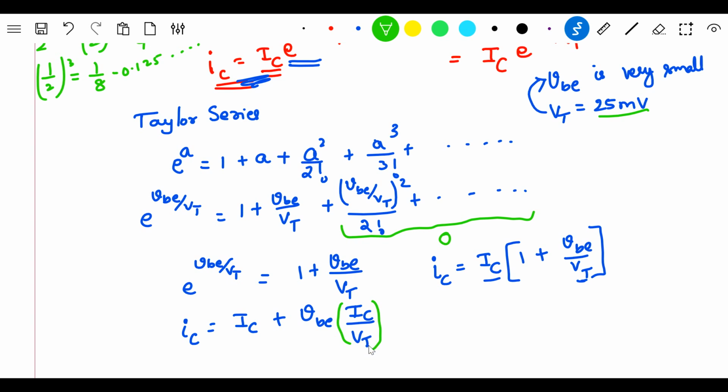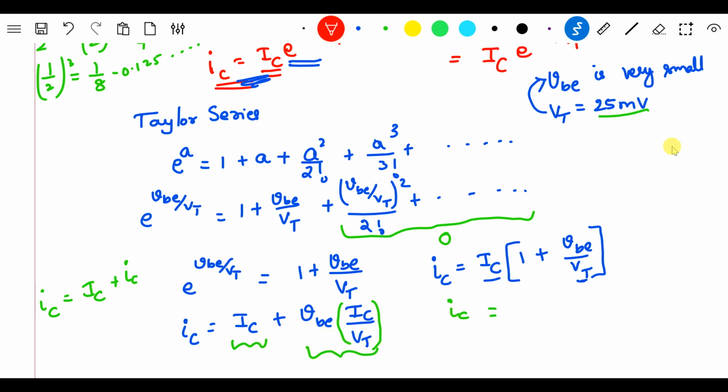If I further go with this expansion, small IC is nothing but this term. This is the small IC term, because earlier I told you that instantaneous current equals the summation of DC current and AC current. You have a DC current here, and this is the term which will now become the AC current.